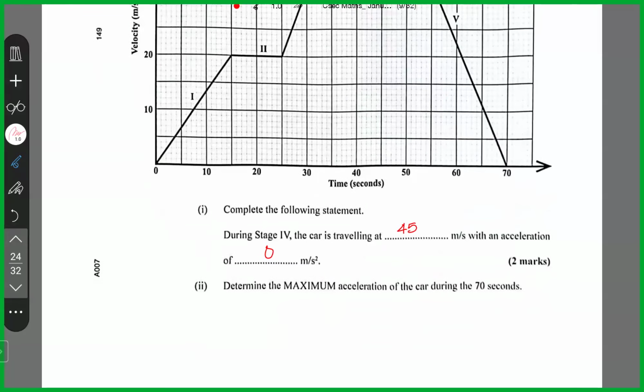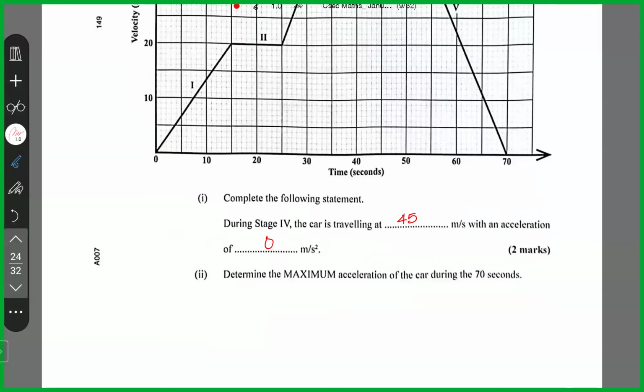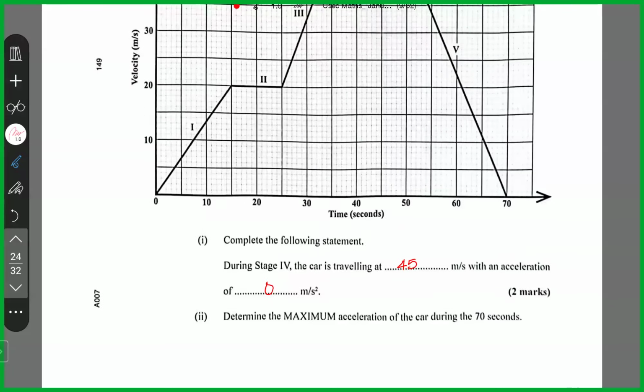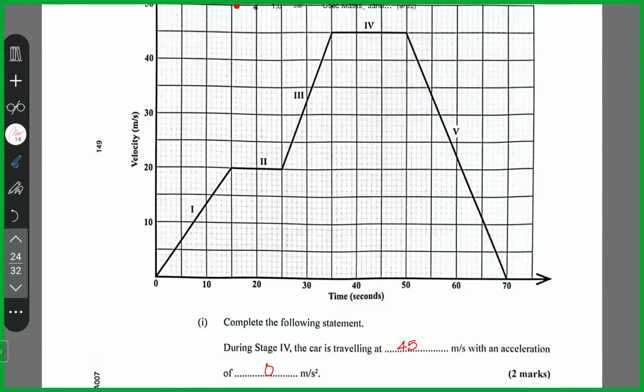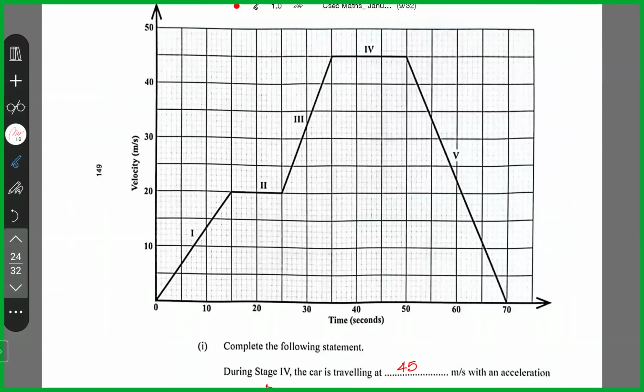Now, the maximum acceleration of the car during the 70 seconds. Now, the maximum acceleration is where you would have the steepest line. Because remember, it is gradient that measures acceleration. The steeper a line, the higher is its gradient.